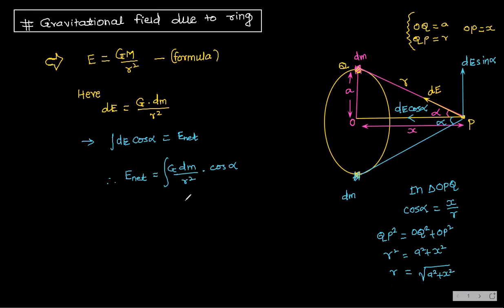Now I got the r value. So if I substitute it in the cos alpha formula, cos alpha is equal to x divided by under root of a square plus x square. Any doubt, please ask.